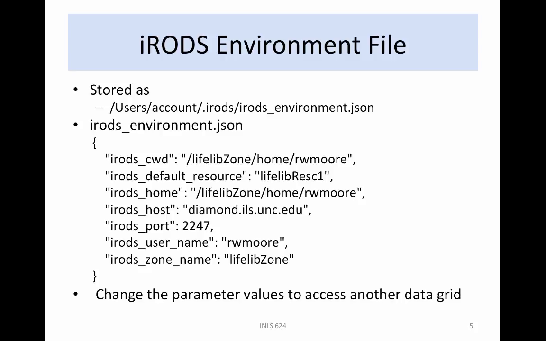The information in the environment file can be changed to reference another data grid. Some clients ask for this information directly instead of reading the information from the irods_environment.json file.